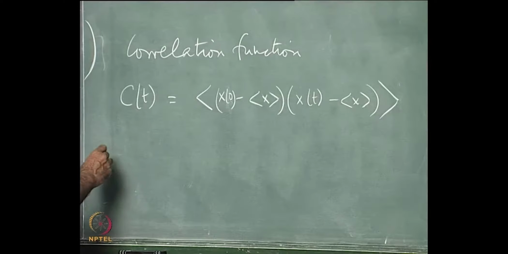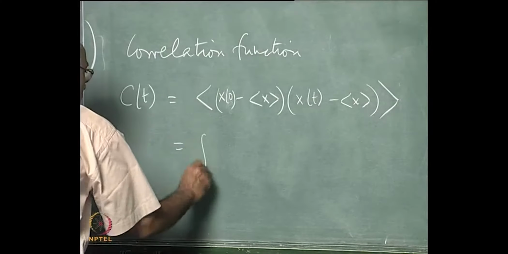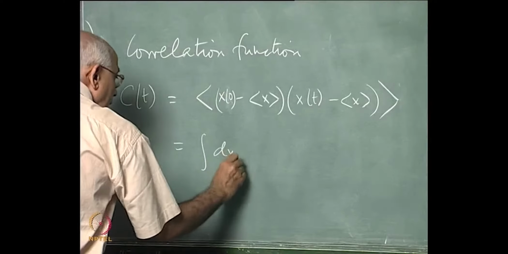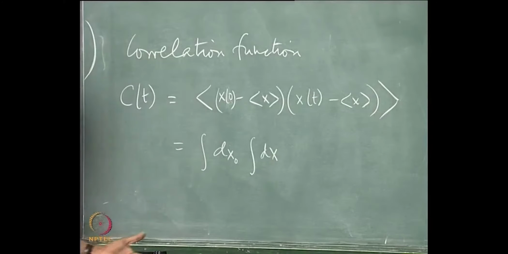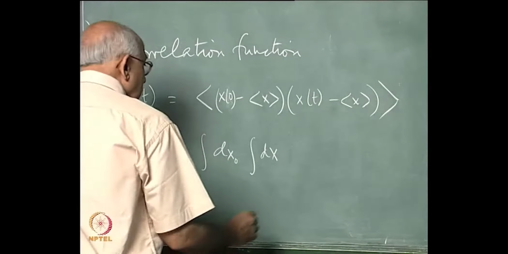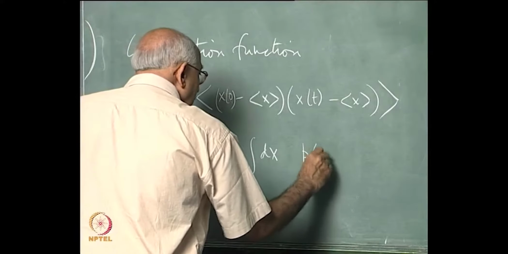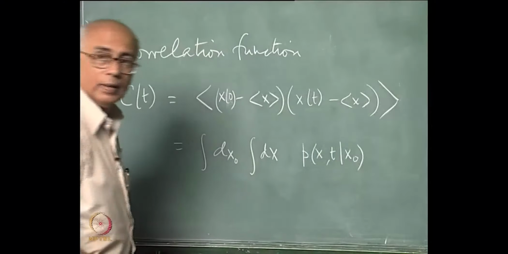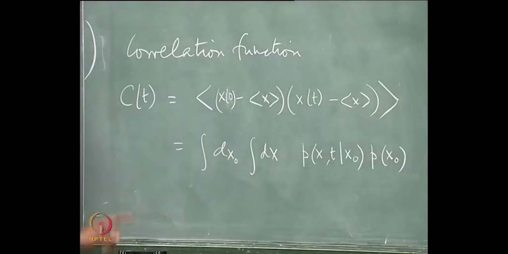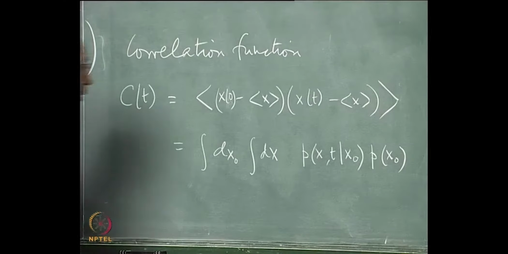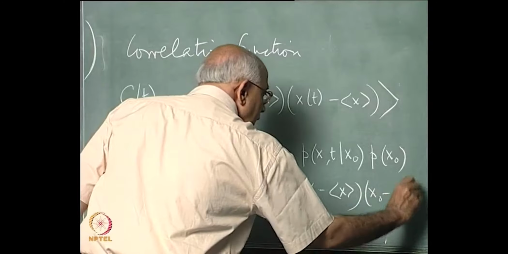If it is a continuous process for example, I would say this is equal to an integral over the initial value dx naught, an integral over the value at time t, let me just call it x, times the probability that I have x at time t given x naught at time 0, multiplied by the probability that I have x naught at time 0, since it is a stationary process there is no time argument there, multiplied by x minus x average times x naught minus x average.